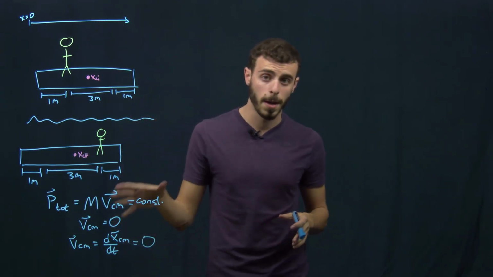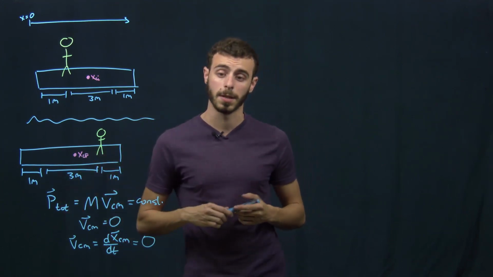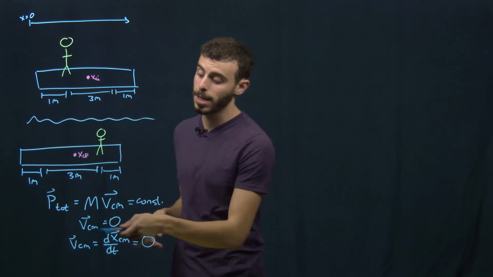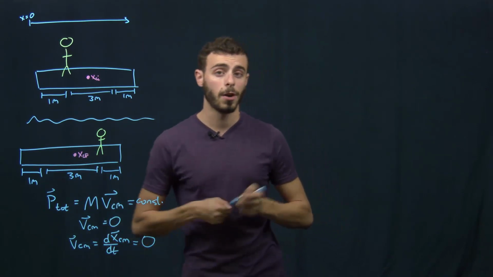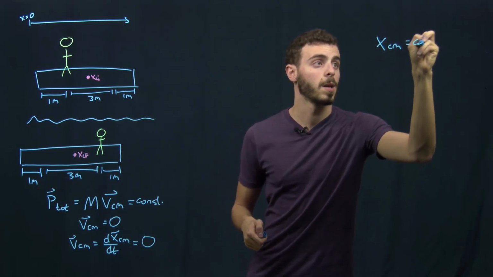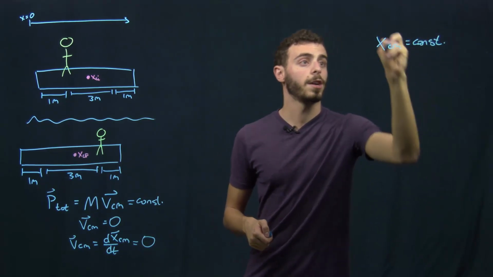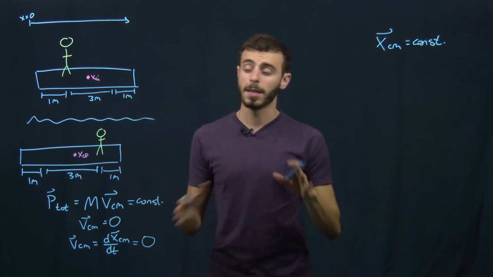This is something you want to make sure you understand, so go ahead and pause the video if you need a couple seconds to think about this. What this is going to eventually tell us is that the velocity of our center of mass is 0, so our center of mass itself must be constant. Whatever this position starts at, it's going to stay the same.